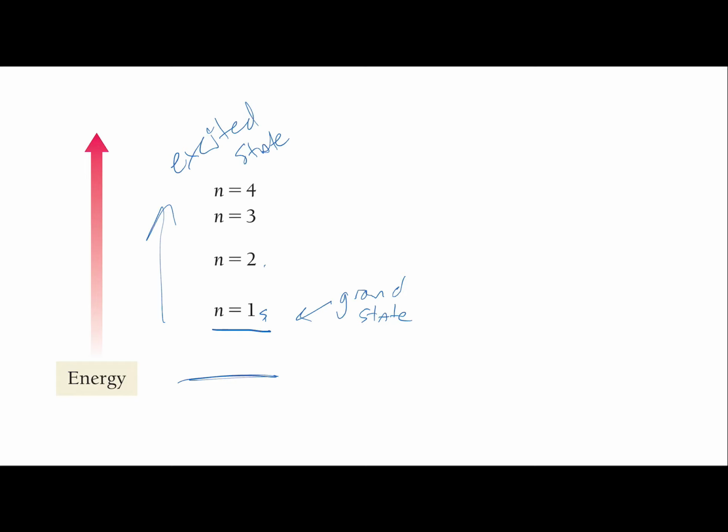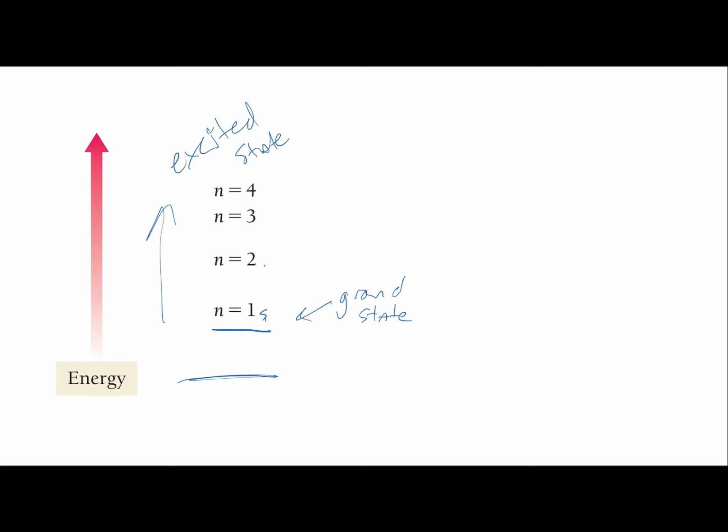There's always one ground state for every atom, for every element. But they can always be excited. They can always jump up. So the higher the principal quantum number, the higher the energy of the orbital. The possible quantum numbers are one being the lowest and then going up and up and up. And so since 1 is the lowest number, it has the lowest possible energy.